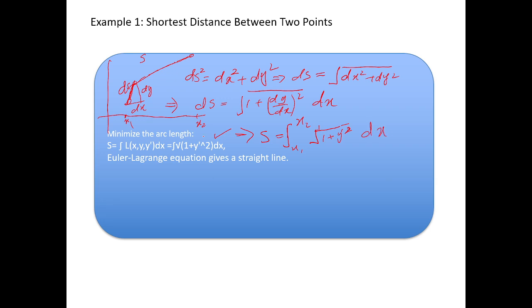This is exactly what is written over here. That is the arc length of the curve from point 1 to 2, and the function inside is called the Lagrangian. For this case, L equals under root of 1 plus y dash square is the arc length minimizing Lagrangian.